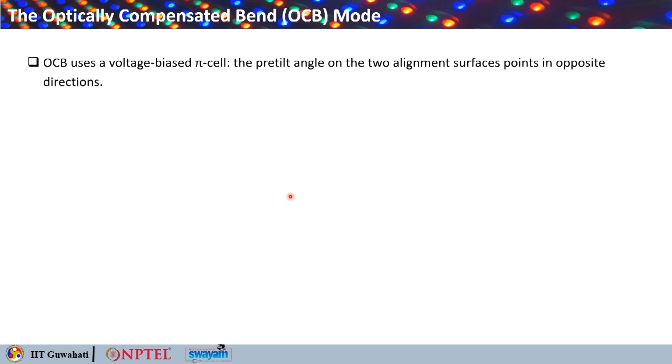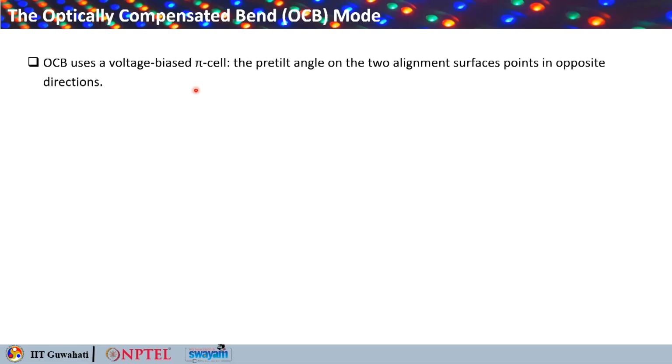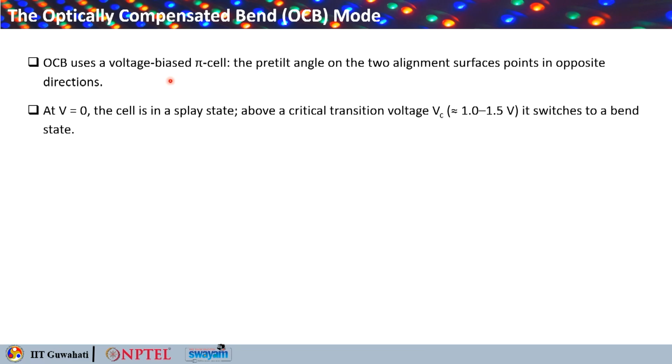Okay, so let us focus on another mode, which is the optically compensated bend mode, or OCB mode. The core structural element here is the pi cell. Unlike a standard nematic cell, the pre-tilt angles at the 2 alignment surfaces point in opposite directions rather than in the same direction. It uses a voltage-biased pi cell.